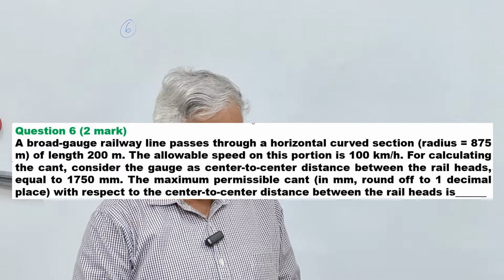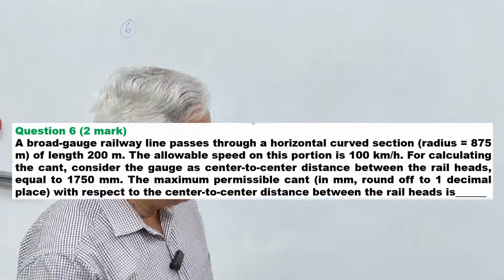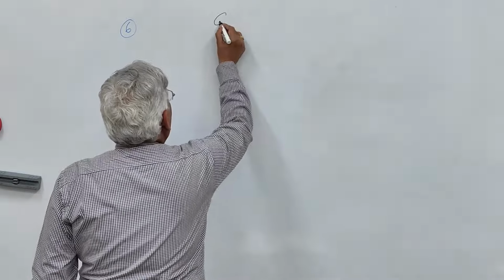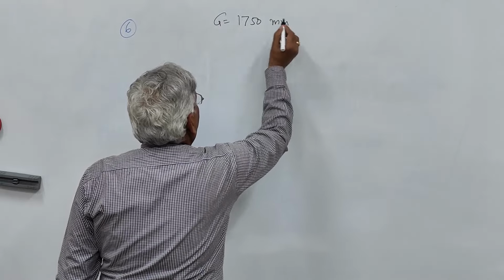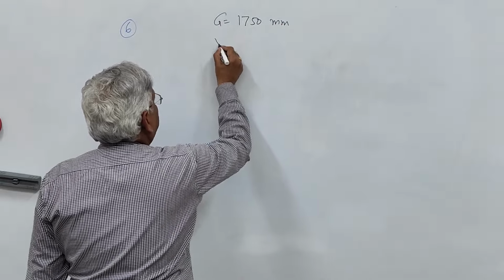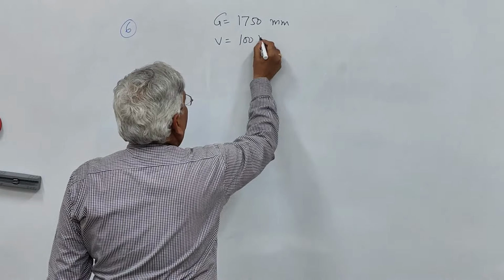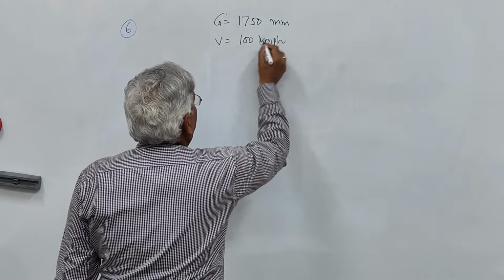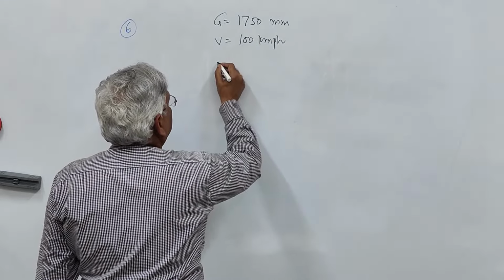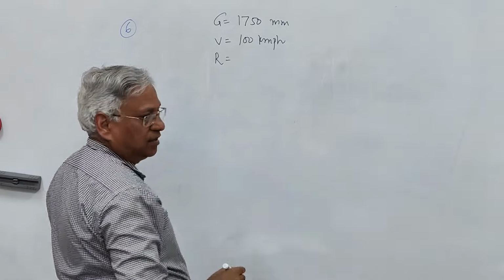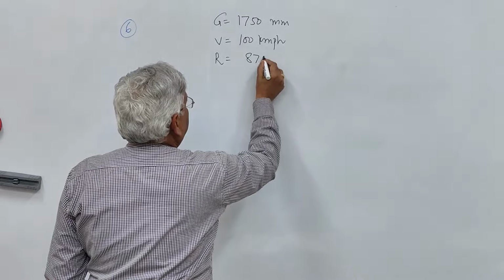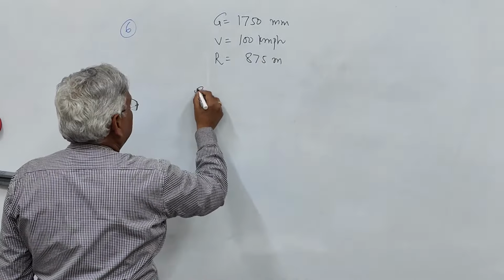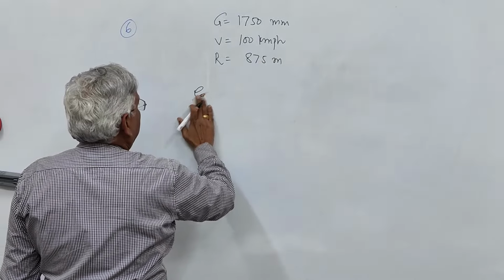Now here, it's a simple question. The gauge is given 1750. This is dynamic gauge, millimeter. Speed 100 km per hour. And radius of the curve is 875 meter. What is the equilibrium cant?